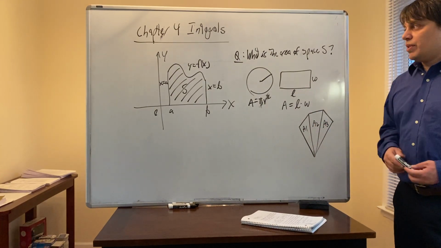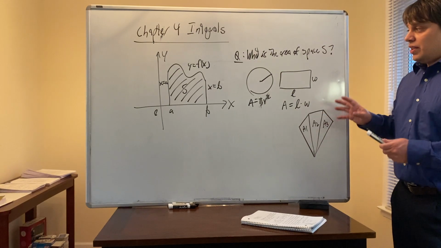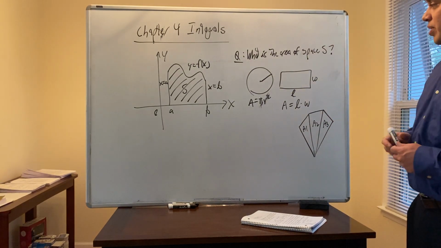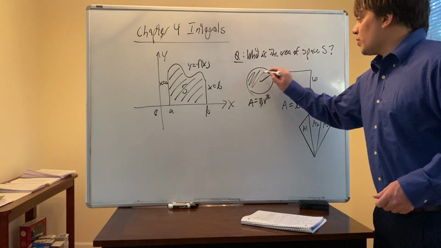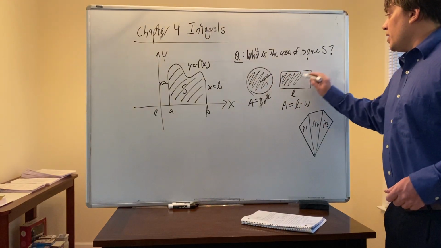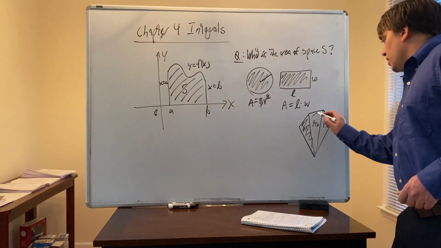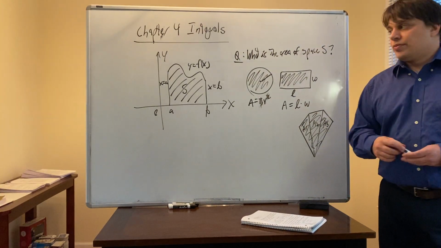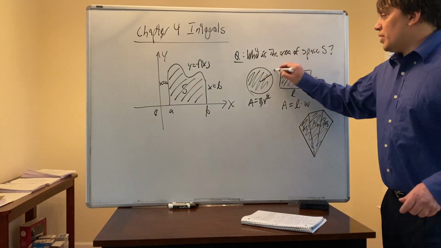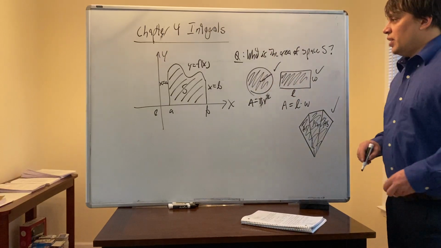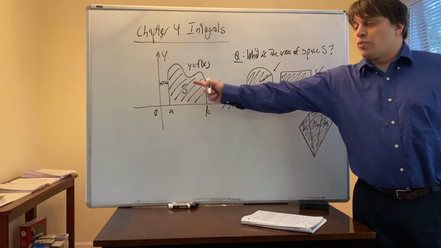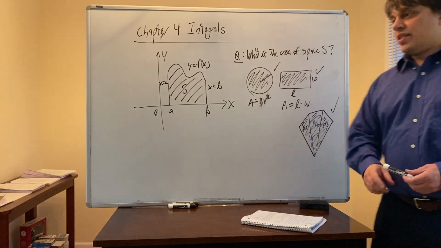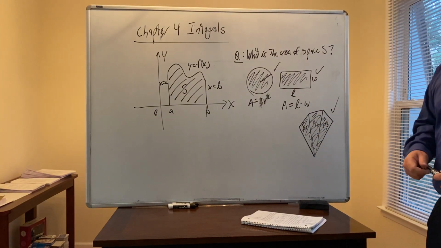Right, so for each of these three regions, it's understood how you could find the area of these spaces. The area inside the circle, the area in the rectangle, or the area inside this shape, which is the sum of the areas of those three triangles. So we got how to do these three things. And what we don't know is how to find the area of something more difficult like that, that is not a simple shape like these.